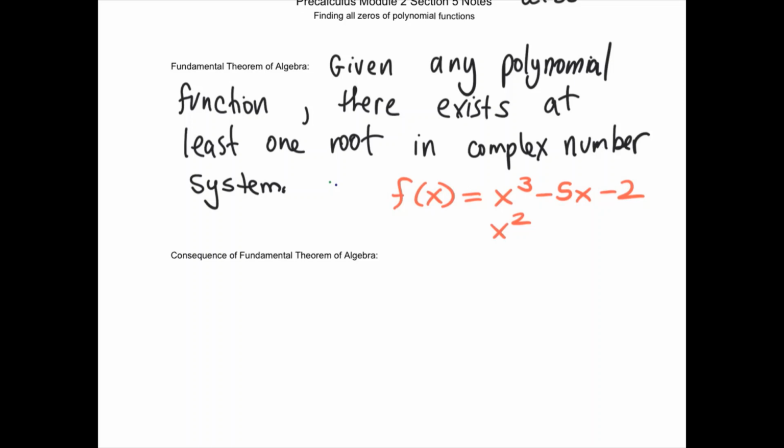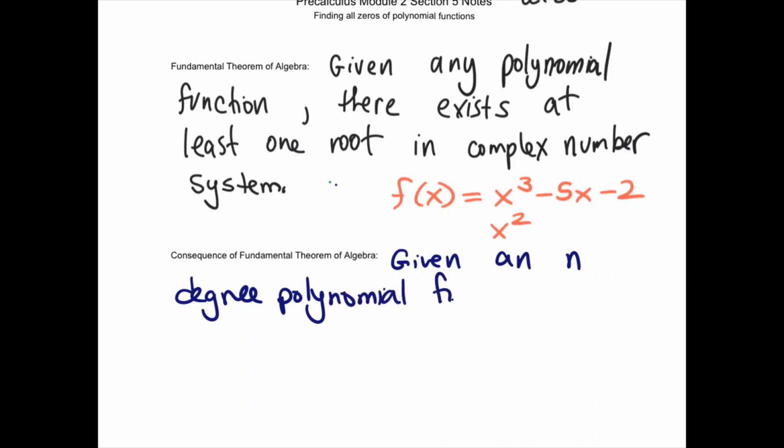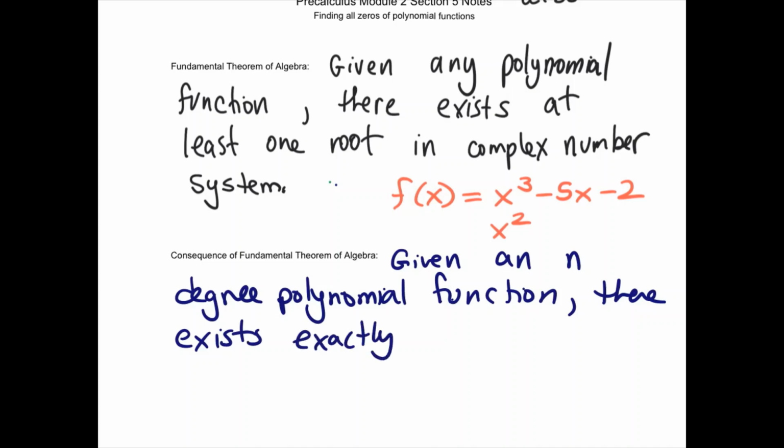The consequence of the fundamental theorem of algebra says this. It says given an n degree polynomial function, so I have some polynomial function with the highest degree being n, there exists exactly n zeros in the complex number system.